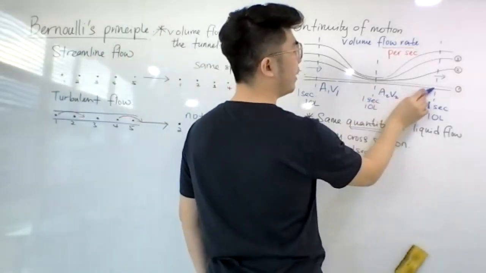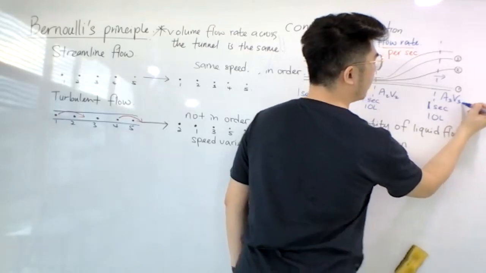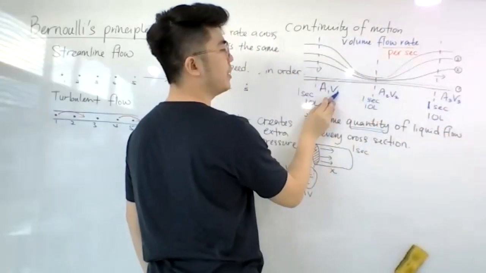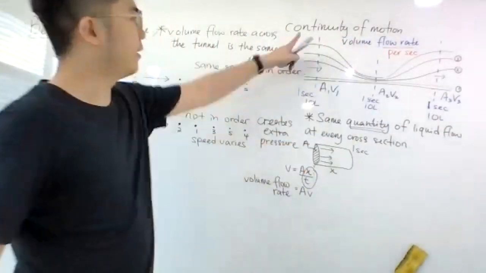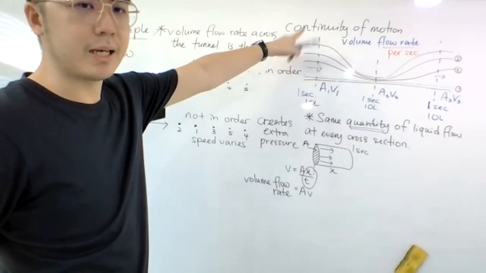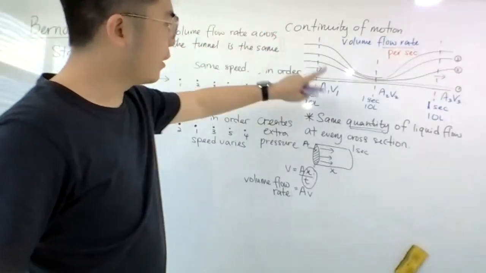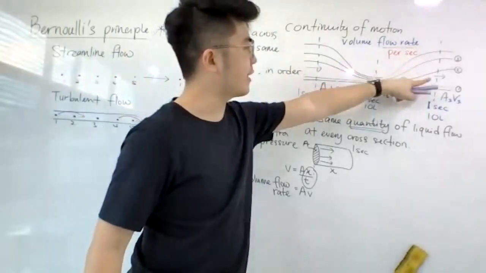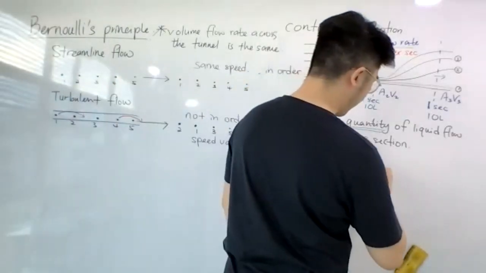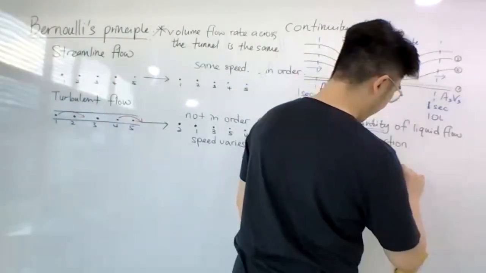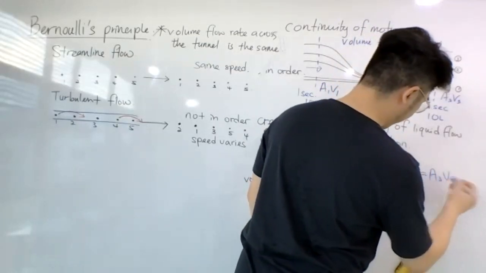And the volume flow rate here, A3 V3, must be equal to these as well. According to the principle of continuity, the key point is that the volume flow rate at every cross section must be the same. So I can write this as A1 V1 equals A2 V2 equals A3 V3.